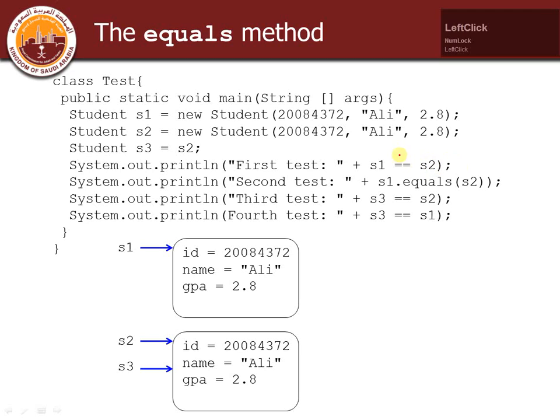This is going to be false. Is S1 equals S2, which means looking at whether it is the same ID, same name, same GPA? This is going to be true. Does S2 have the same address as S3? Yes, so this is going to be true. Is S3 having the same address as S1? False. Now you got the answers right.